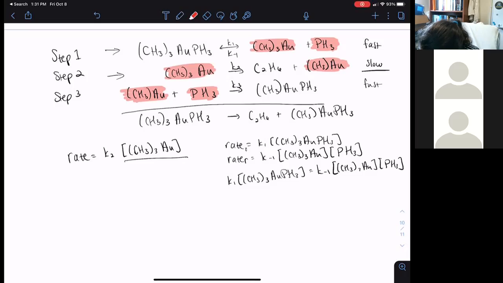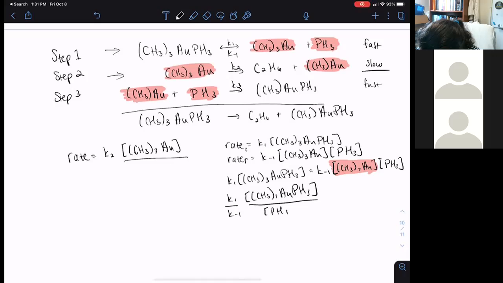So to find it, there it is. And I'm going to go a little bit faster. So we have k1 divided by k minus 1, then (CH3)3Au PH3, and it's going to be divided by PH3.